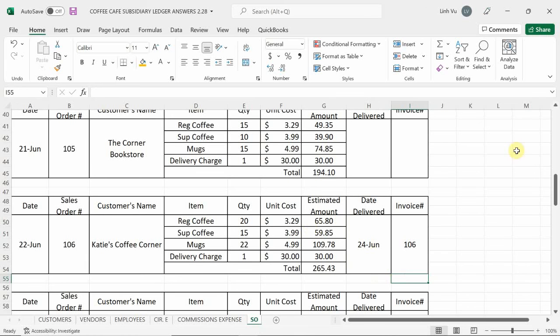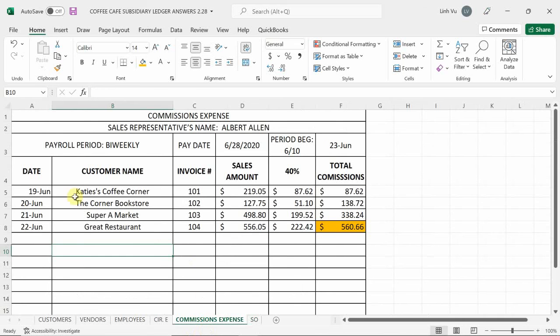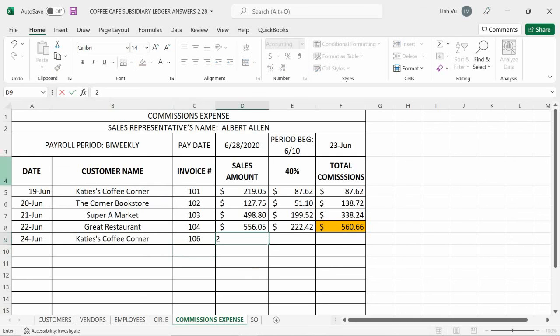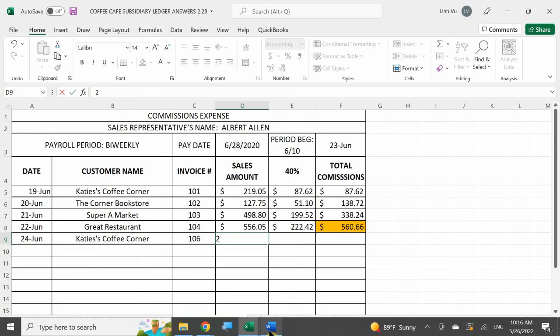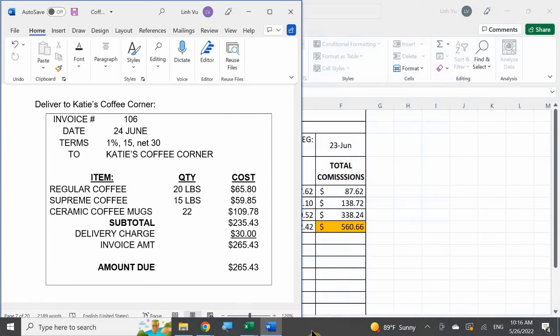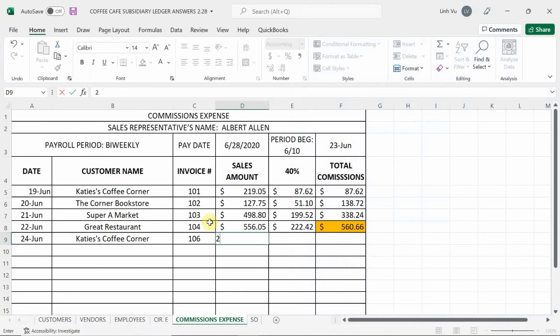So in this case, because he delivered this, that means he gets his commissions for Katie's Coffee Corner, invoice number 106 for, I can never remember what the number is, $265.43.